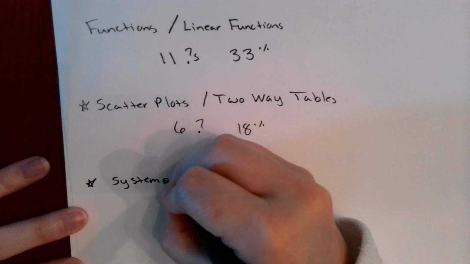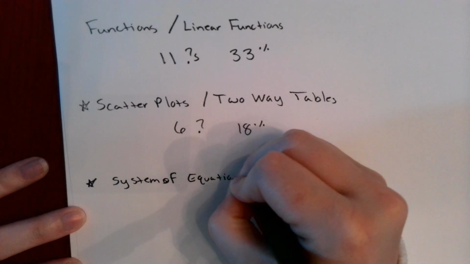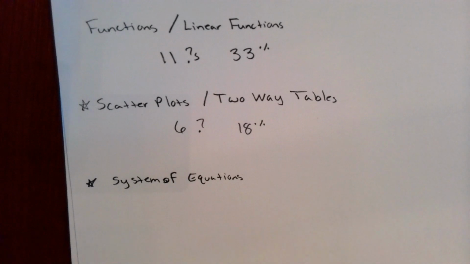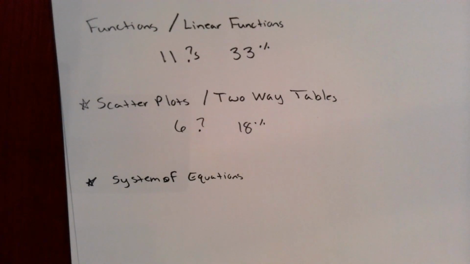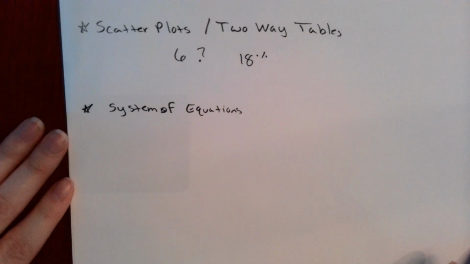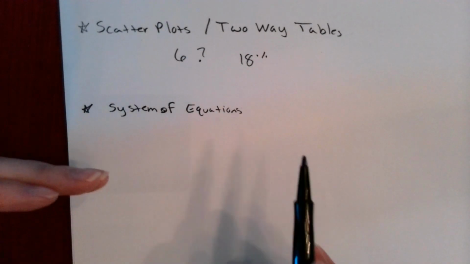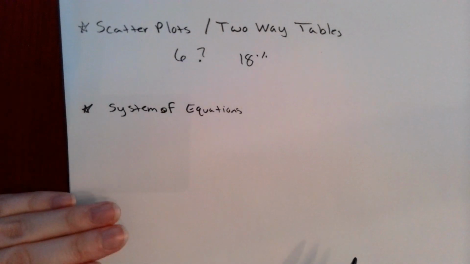The system of equations. You will have to identify what the solution is from a graph. You'll have to understand what kind of graph a no solution or infinitely many solutions would look like. You have to be able to solve algebraically, whether it's substitution or elimination.